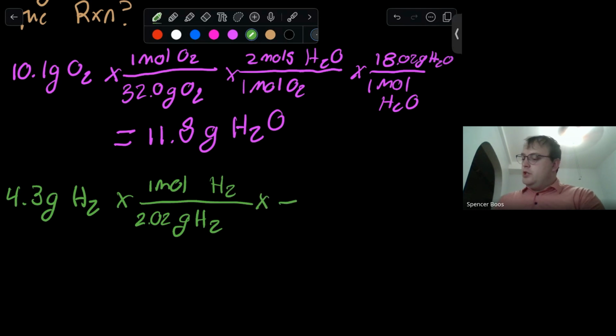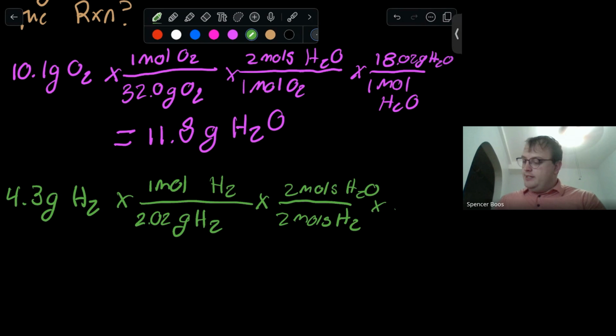I further know that for every 2 moles of H2, I get 2 moles of H2O. Finally, I know that in every 1 mole of H2O, I get 18.02 grams of H2O.